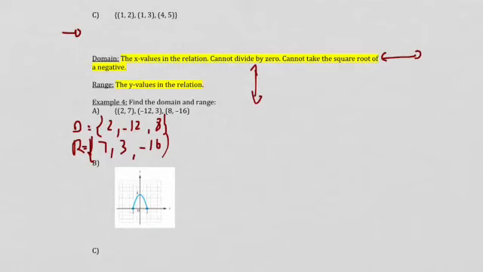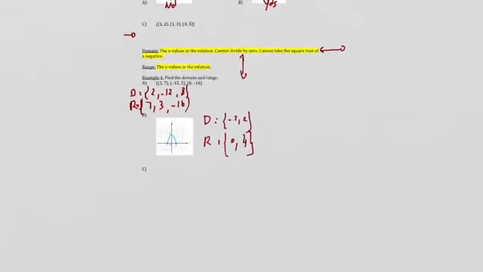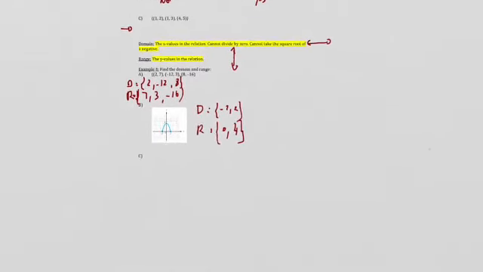Now, if I look at the domain for B, I'm going to say it's -2 and 2, when the range is going to be 0 and 4, apparently. Okay? Alright. Now, for C, I'll let you define right here the domain and the range by yourself.